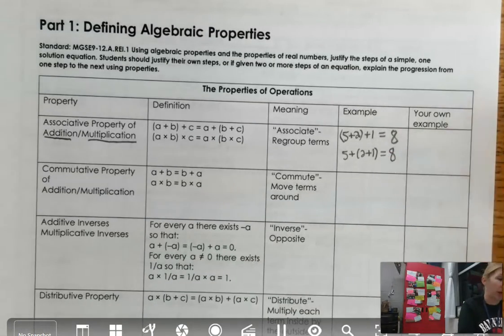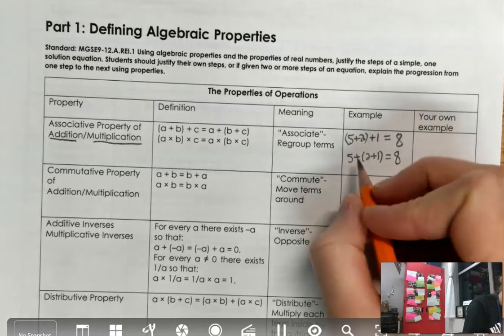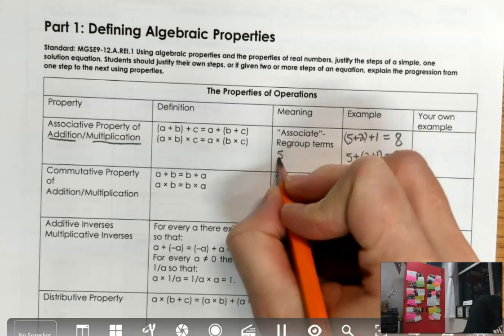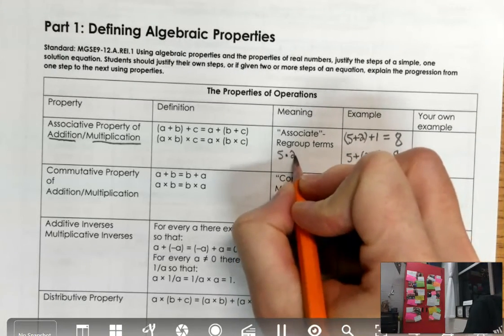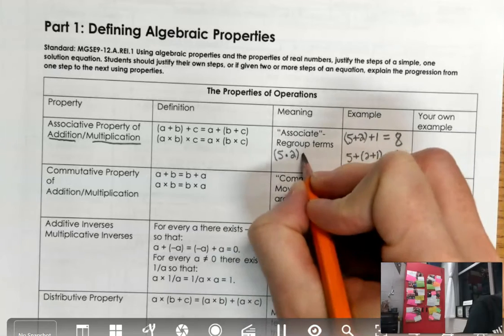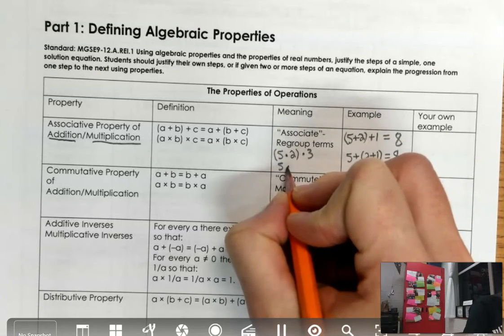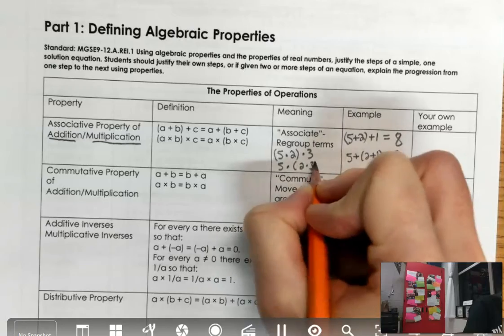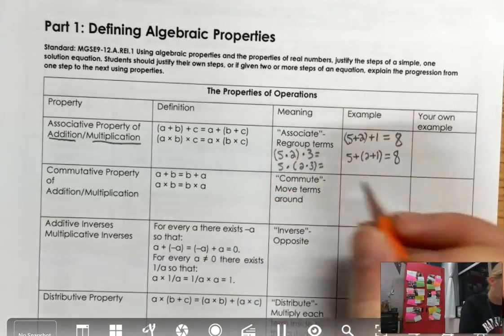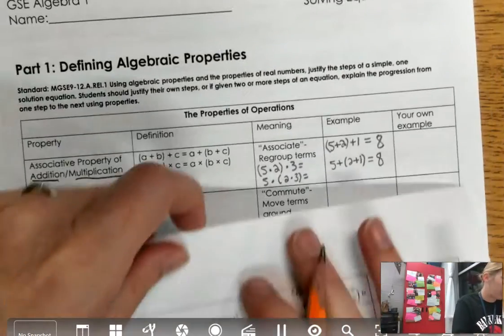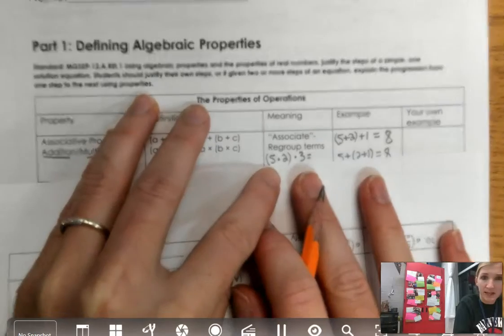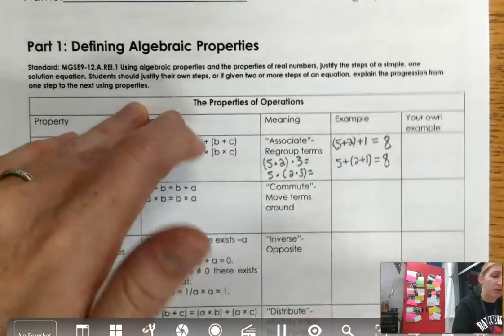So go ahead and come up with your own example. It can be addition or multiplication. An example of multiplication would be 5 times 2 times 3, or I can do 5 times 2 times 3. All right, so if we do 5 times 2 first, we get 10, and 10 times 3 is 30.